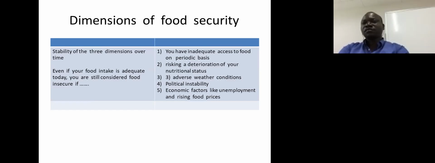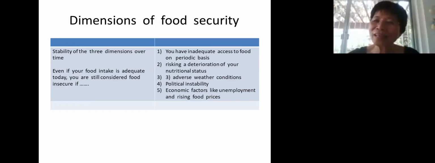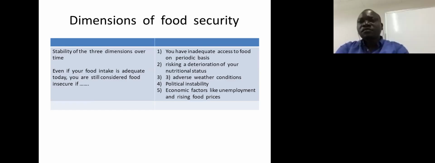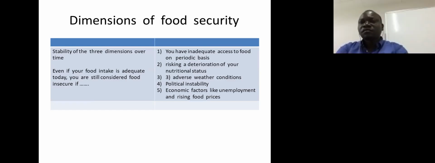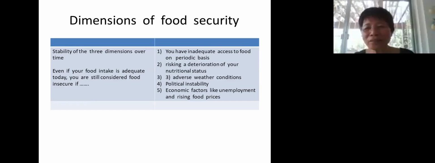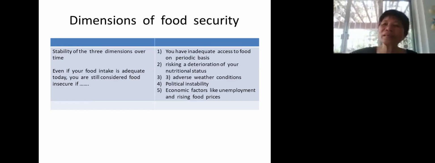That is political instability as well. The other side of political instability is when your leader has been ousted by a coup. That is again a change, and that results in political instability. The fifth one is economic factors. People are unemployed. There are not enough employment opportunities for the people, and so there are rising food prices, right?